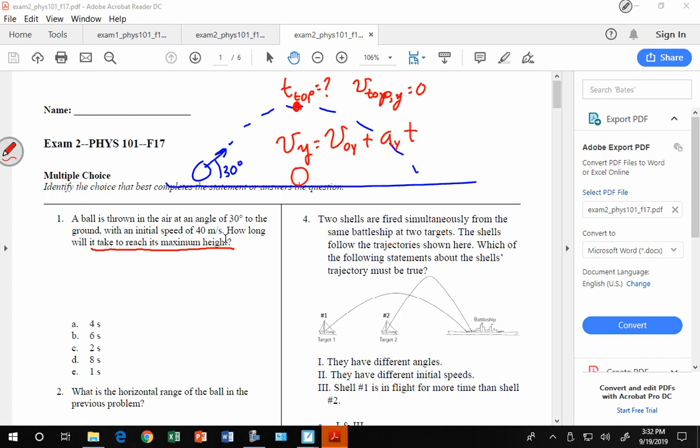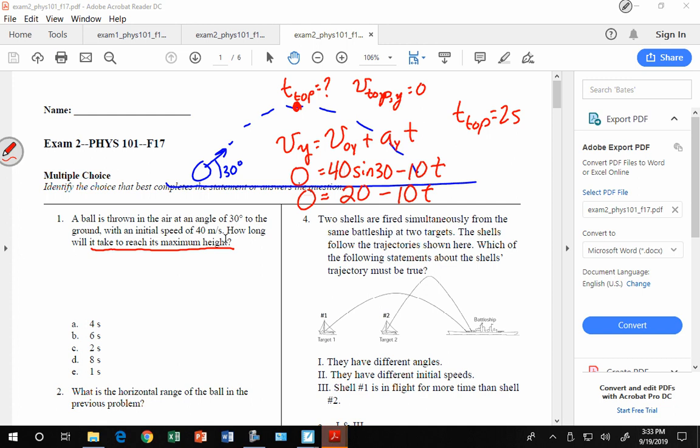So 0 equals 40 sine of 30 minus 10t. That's 20 minus 10t. So in order for that to equal 0, t top equals 2 seconds. Subtract 20 from both sides, divide both sides by negative 10.